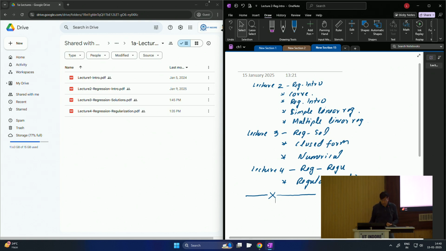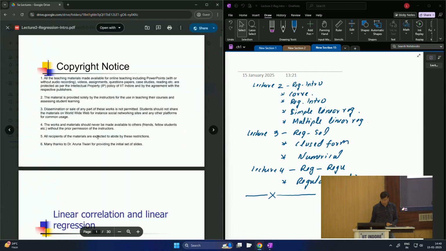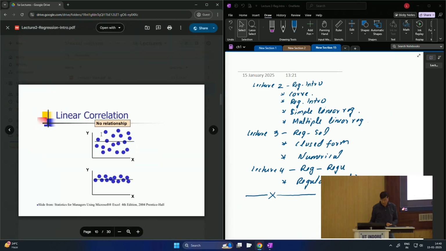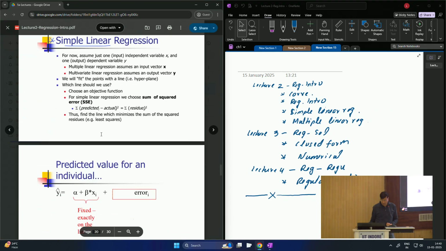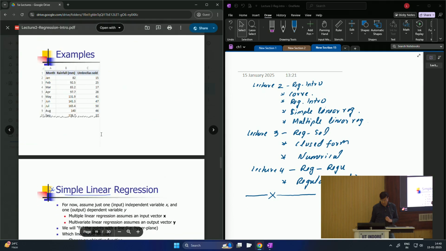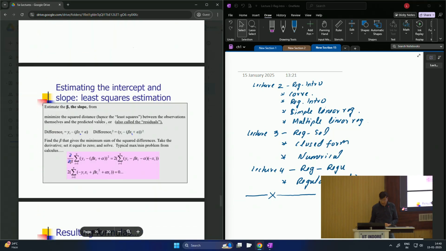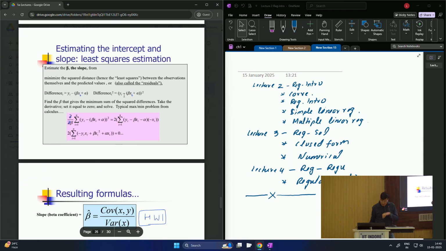So that's the goal. To do that, I'm going to go to lecture 2, simple linear regression and the minima which you had found. If you recall, in the simple linear regression, we wrote the residue function, and then we said you have to minimize this residue function, so you're going to find the gradient of it. Gradient is differentiate with respect to alpha and beta, make it equal to 0.